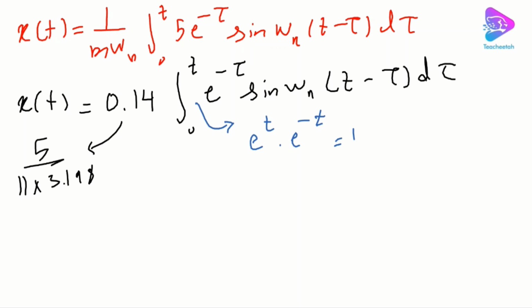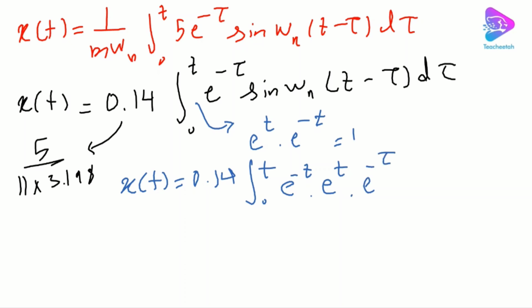So basically x(t) could be equal to 0.14 times the integral from 0 to t of e^(-t), it doesn't matter, we can flip them, times e^t times e^(-tau) sine omega n (t minus tau) d tau, right?